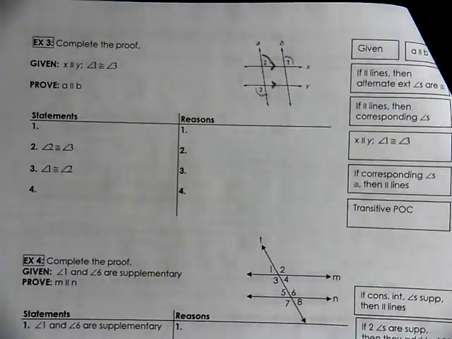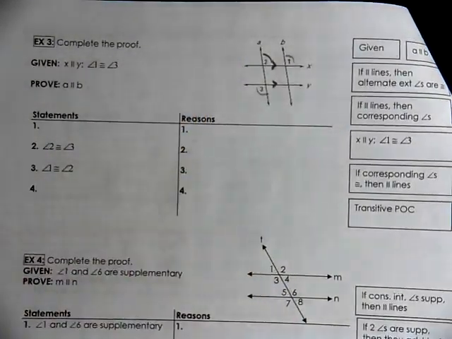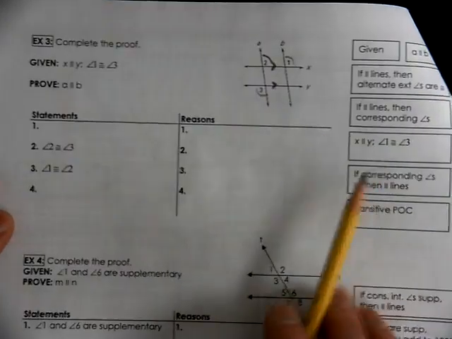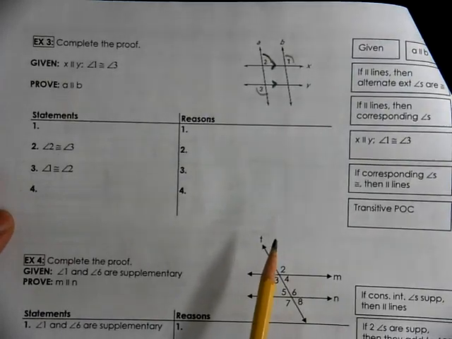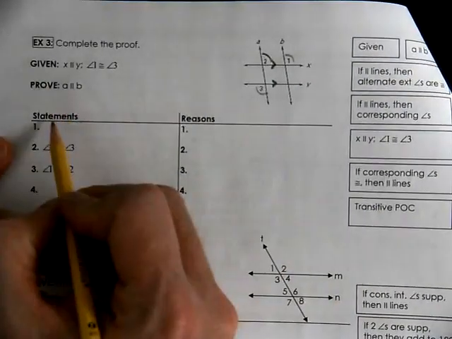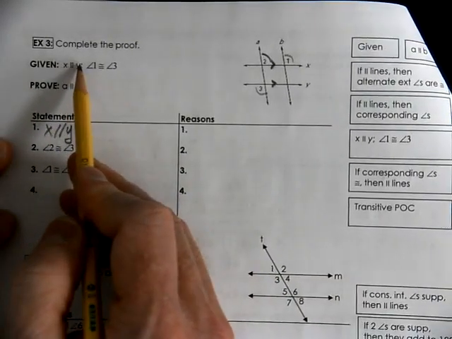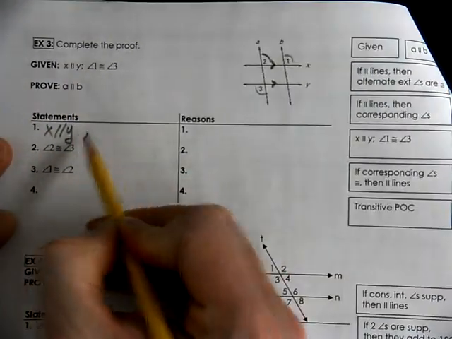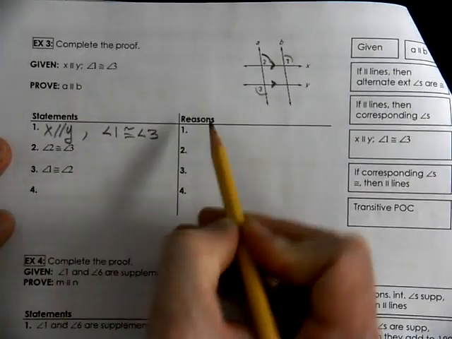So now can we fill this in? You can't fill this in if you can't explain what's going up there, except you have a group of boxes that you can put a puzzle together and you might be able to fake it, but that's not going to help you in the future. So X is parallel to Y, and we also know that angle 1 is congruent to angle 3.